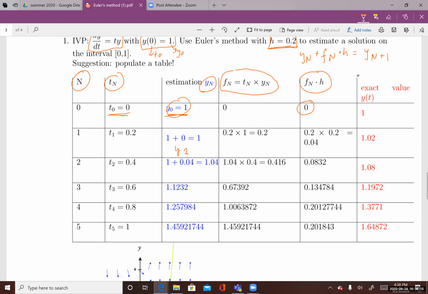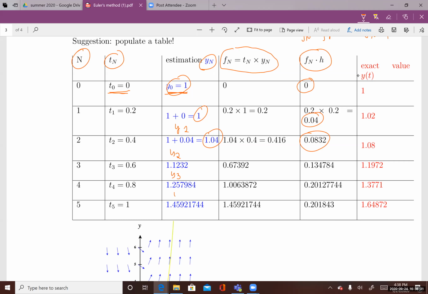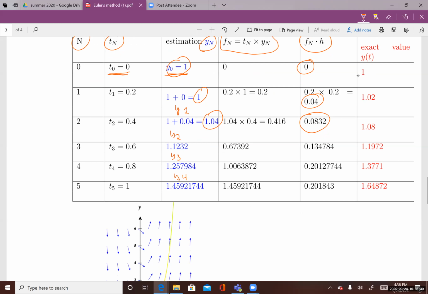Then y2 here is going to be 1 plus 0.04. And then y3 will be 1.04 plus 0.0832. And y4 is going to be 1.1232 plus 0.134784. And then I'll come up with my y5.